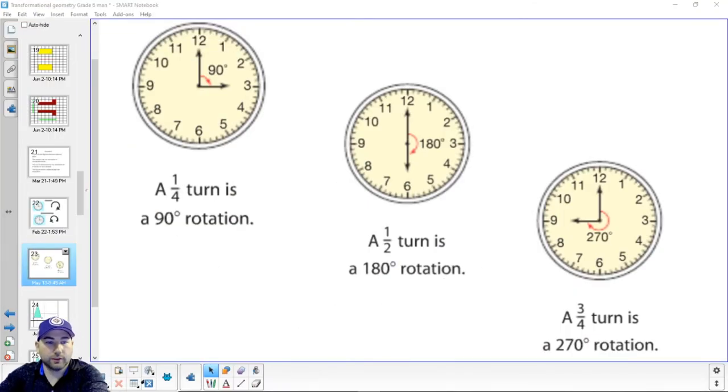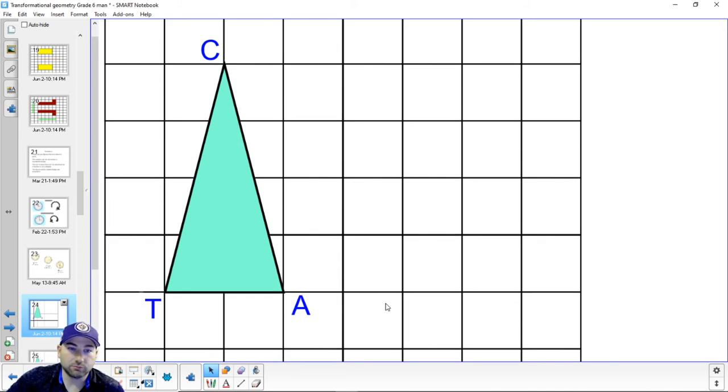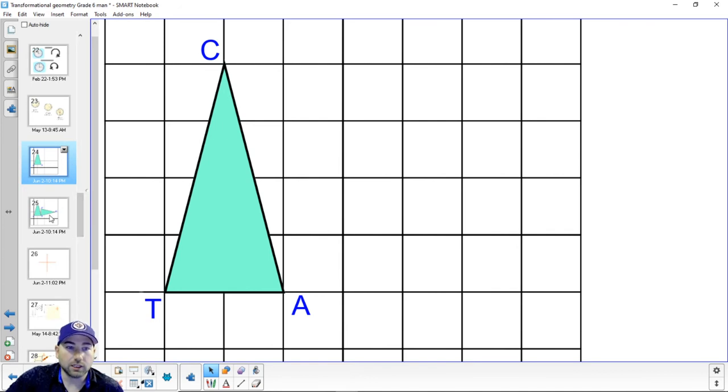Okay, moving on. Here we have a shape that is going to be rotating. We have an isosceles triangle, and it is named CAT. The cat triangle is going to rotate about vertex A. So point A, this vertex where these two rays meet, is how this shape is going to rotate, and it is going to rotate 1/4 turn or a 90-degree turn clockwise.